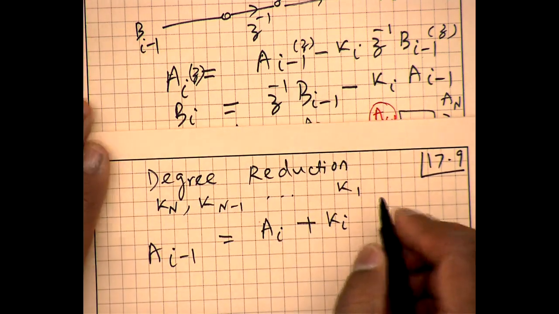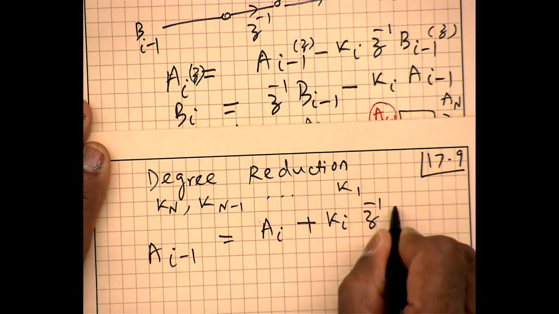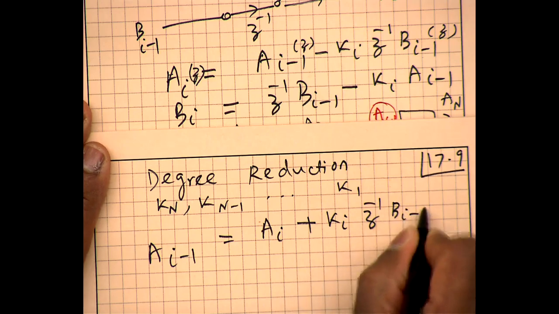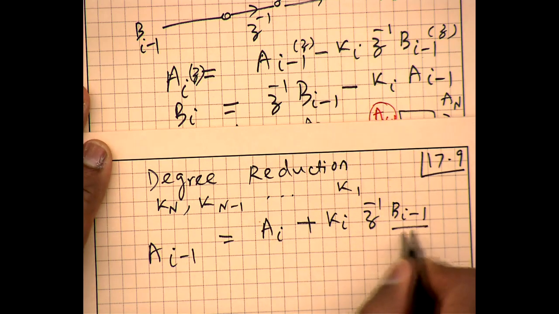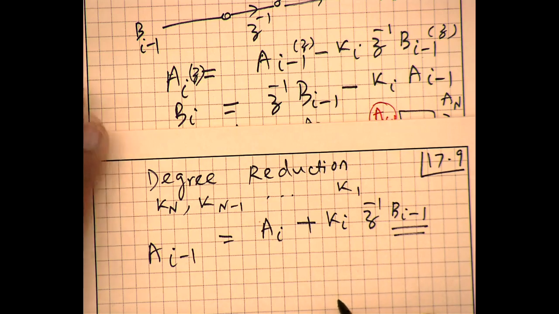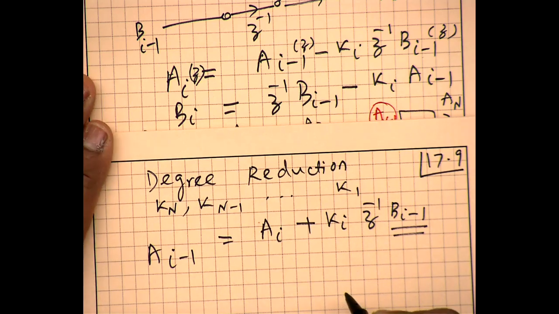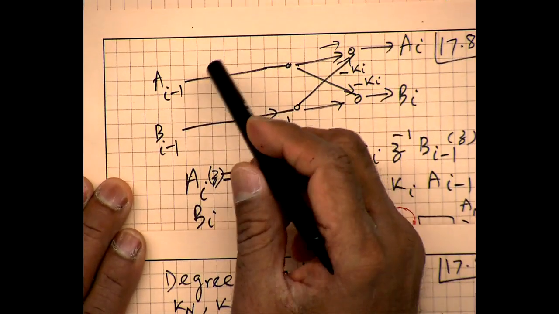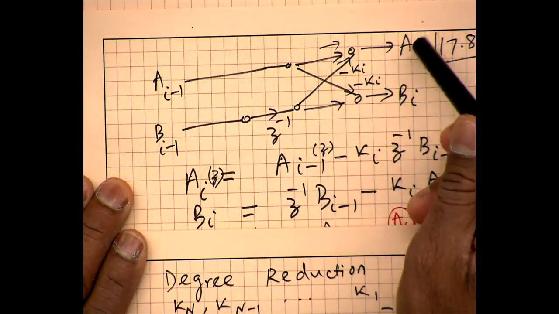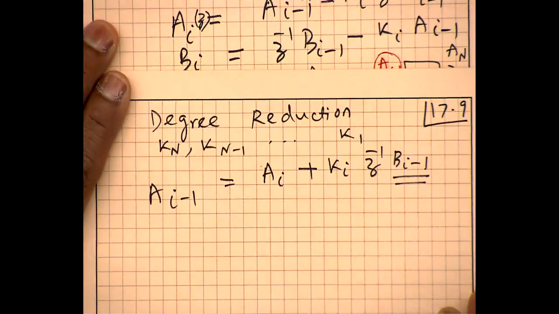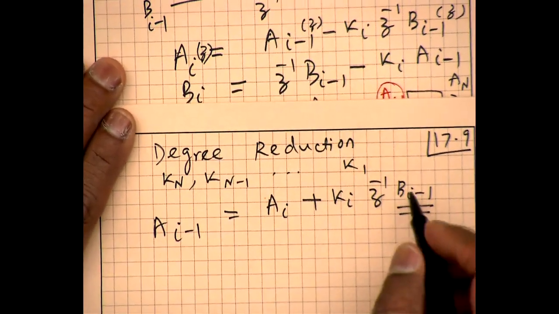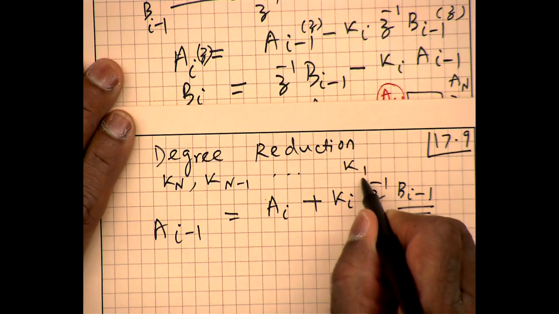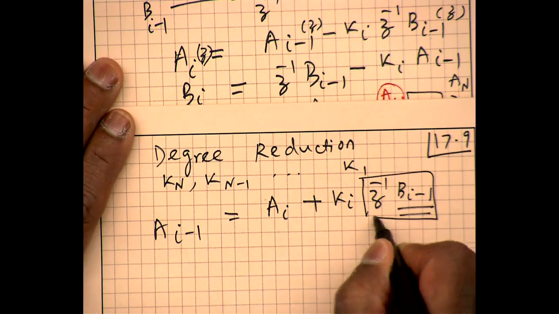So Ki times z to power minus 1 Bi minus 1, but as I indicated, Bi minus 1 is not known. All we know is An and Bn, or in general, at the ith stage, I want to compute Ai minus 1 using Ai and Bi. We are trying to compute this from these two.